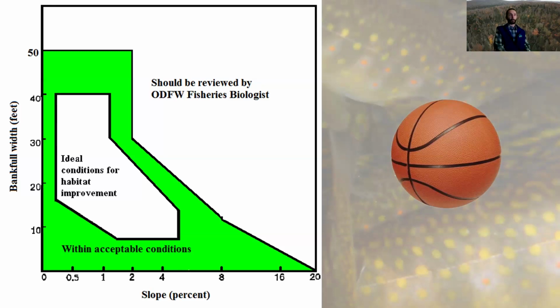A quick and easy way for myself when I'm looking at a stream to think about this is, if I see rocks the size of basketballs or larger that are moving regularly, so that's boulder size, that's an indication to me that the stream is probably too powerful for us to use these methods, especially if it's a wider stream.